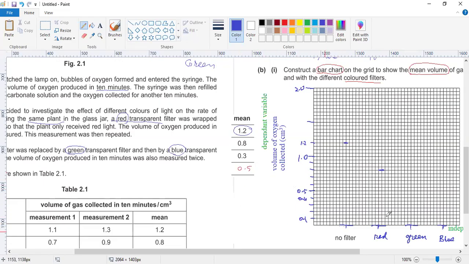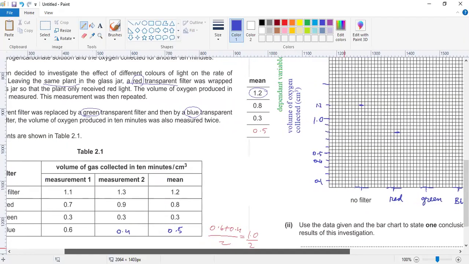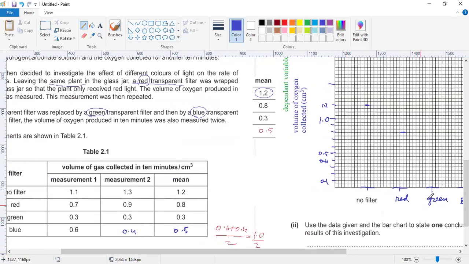And for green, there was 0.3. So where is 0.3? This is 0.4, and 0.3 is this.